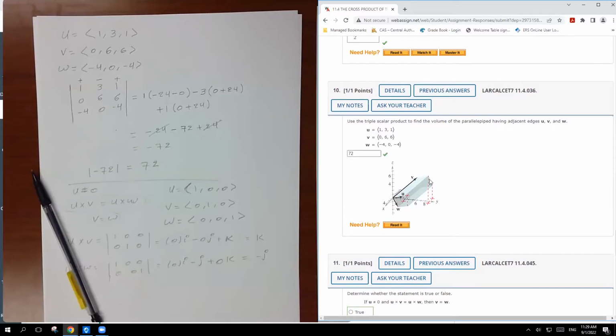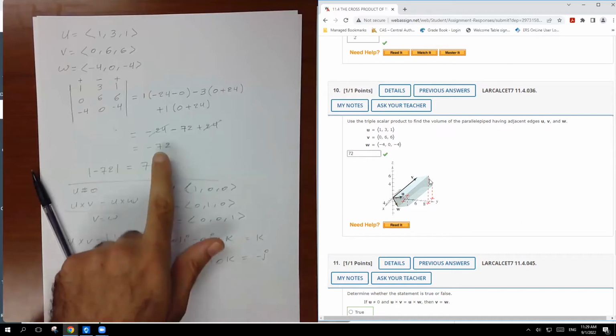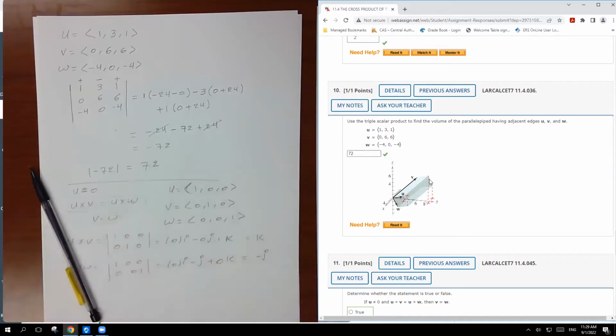The length is only for the area. You find the length of the cross product, and that is going to be the area. But for the triple scalar product, when you finish, even if it's negative or positive, you have to take the absolute value, okay?